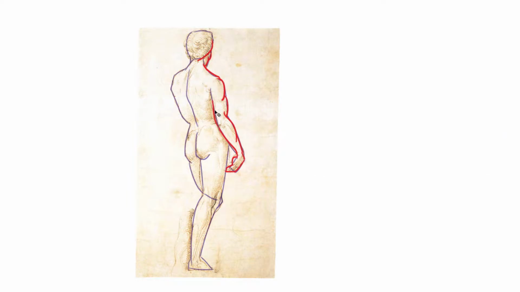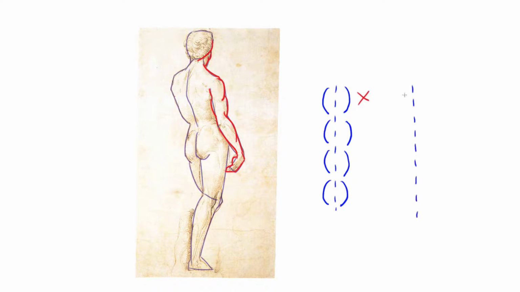I am not limiting myself to simply drawing a few kinds of Cs for each limb, but I am considering the main volumes of the muscle and letting them overlap each other. Look at this example. If we start drawing bracket by bracket, we will achieve an unnatural and rigid result. But if we start drawing curves that overlap each other, we will lead the eye to flow more naturally through the whole figure, like water in the river.